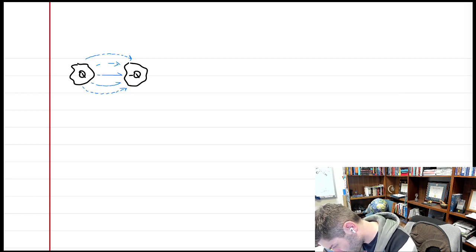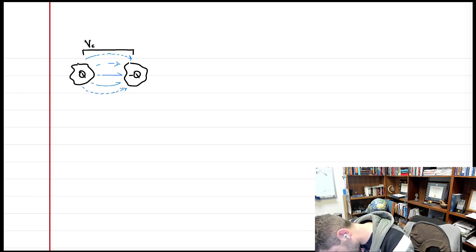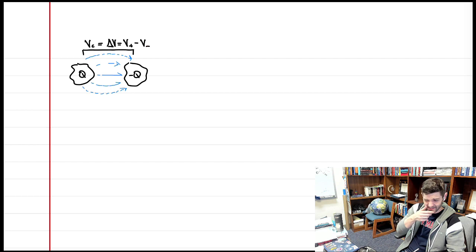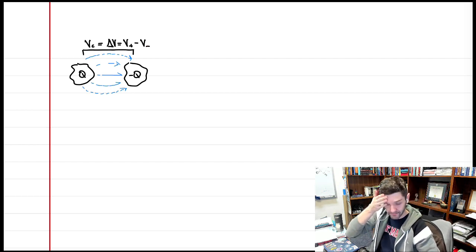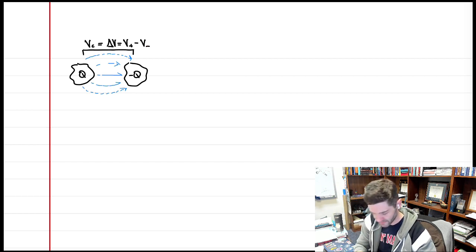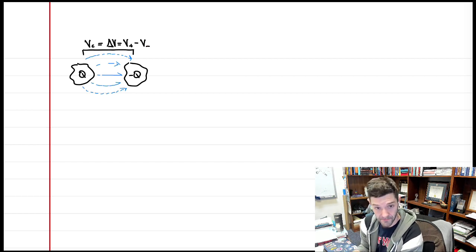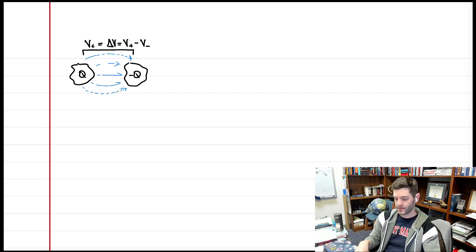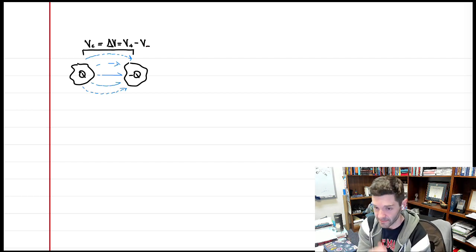All right, we also know that the delta V, or V capacitance, which is the delta V from going from the high potential side, the left side, minus the low potential side, is some positive number, some number of volts. And there's a relationship now between this excess charge Q, this voltage, just potential difference, and this new thing we've defined to be the capacitance.